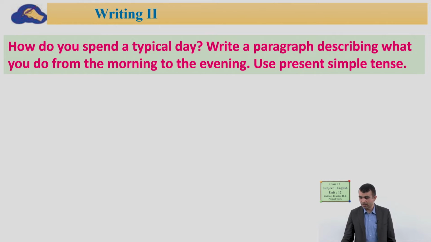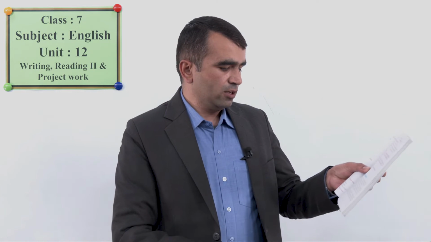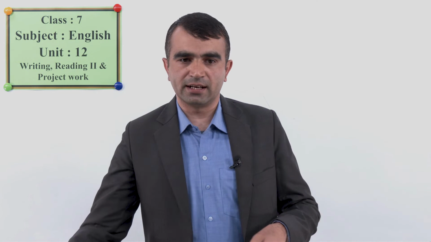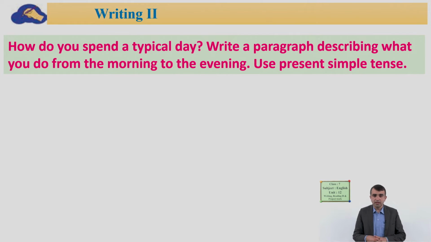Well, another writing task is given, after grammar second on page number 127. Writing second. What is there? How do you spend a typical day? Write a paragraph describing what you do from the morning to the evening. Use present simple tense.